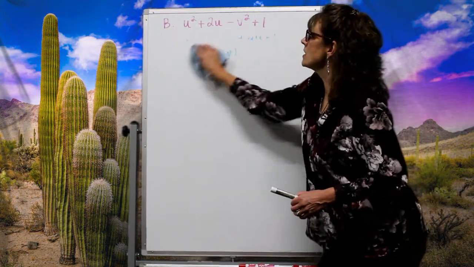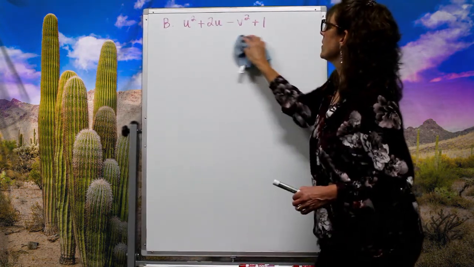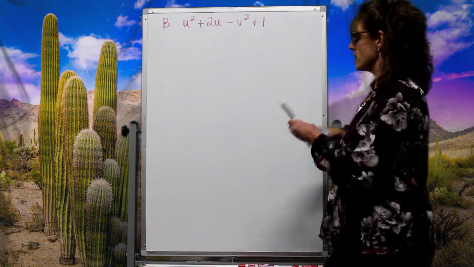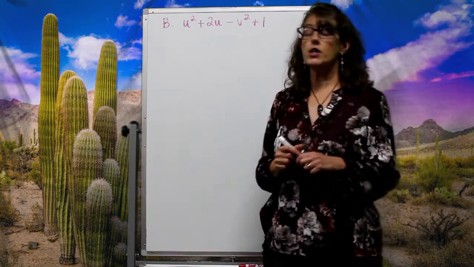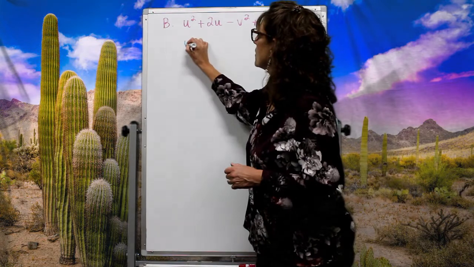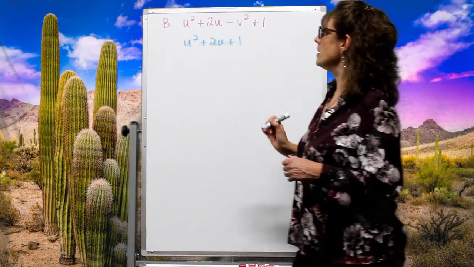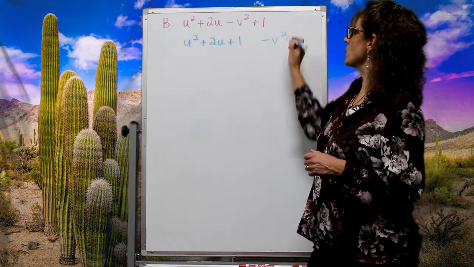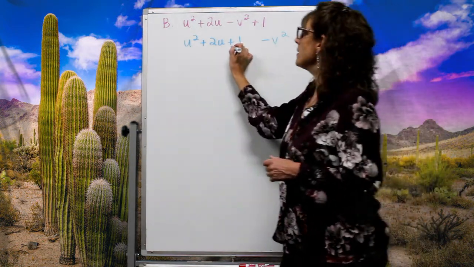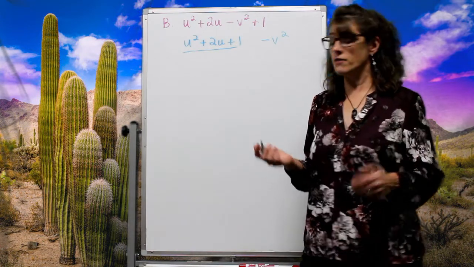So I'm certainly not going to pair them up that way. And then as we've discussed before, if I try to put together the u squared here with the positive 1, I can't even factor it. So I think instead I'm going to create my triple like I did before, saying u squared plus 2u plus 1, and then let my minus v squared sit back here by itself. I'm going to factor this triple. Now notice there's nothing common that I can divide out of each one of them.